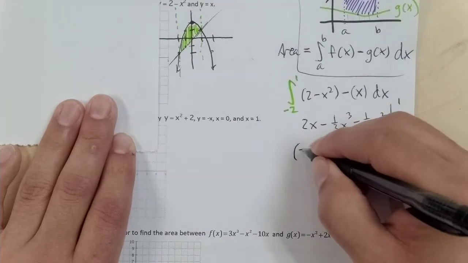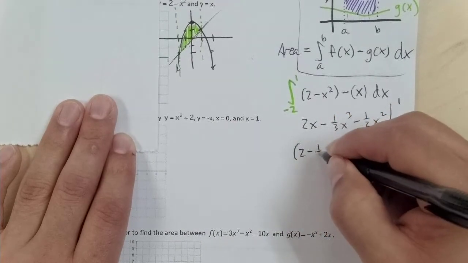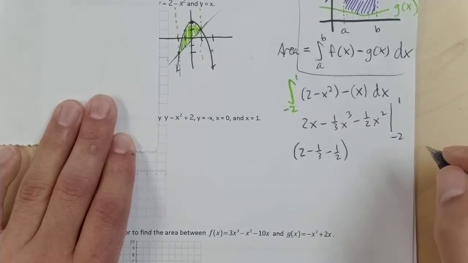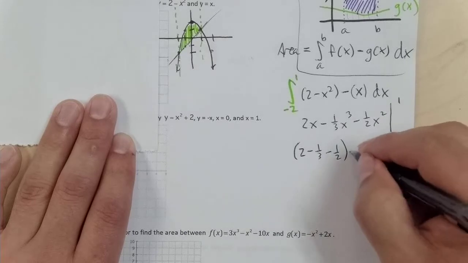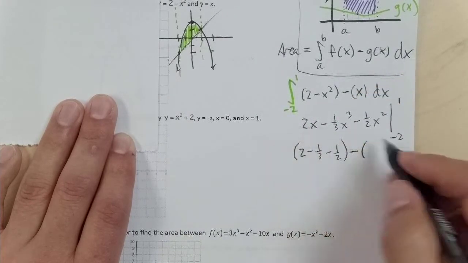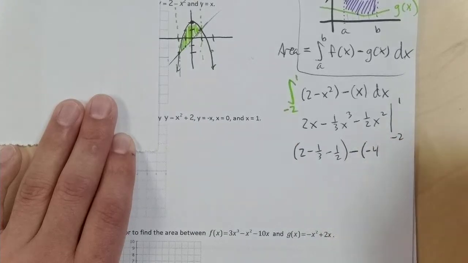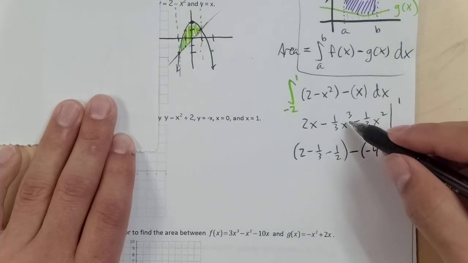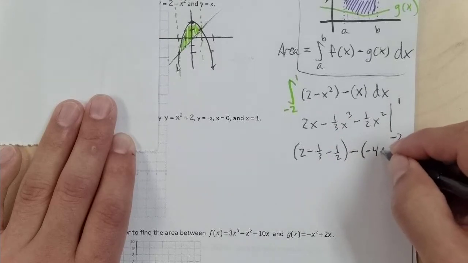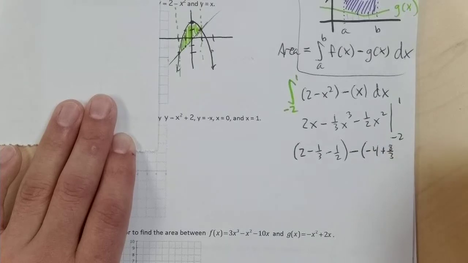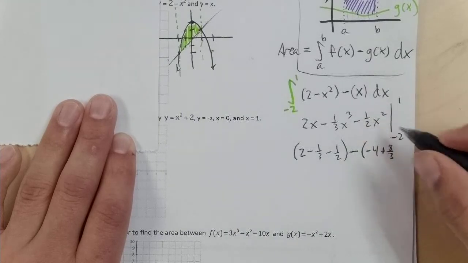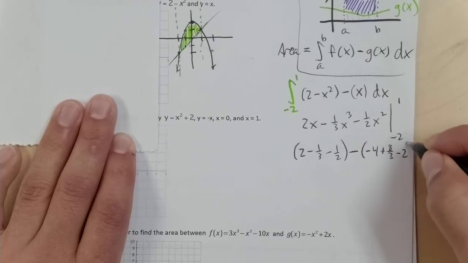You're going to get 2 minus 1/3 minus 1/2 minus, plug in -2. 2 times -2 is -4. -2 cubed is -8 times -1/3 is +8/3. -2 squared is +4 times -1/2 is -2.